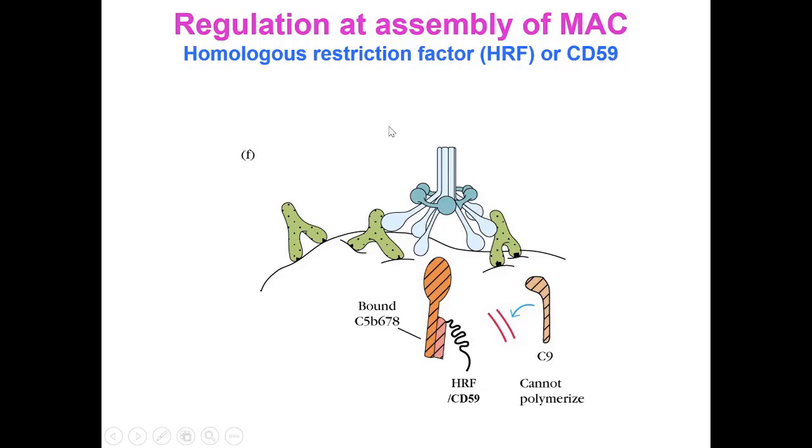And this regulatory factor binds to C5b678 and prevents the polymerization of C9 around the C5b678, and in this way prevents again the nearby cells from lysis, because C5b678 also can lyse nearby cells or host cells.